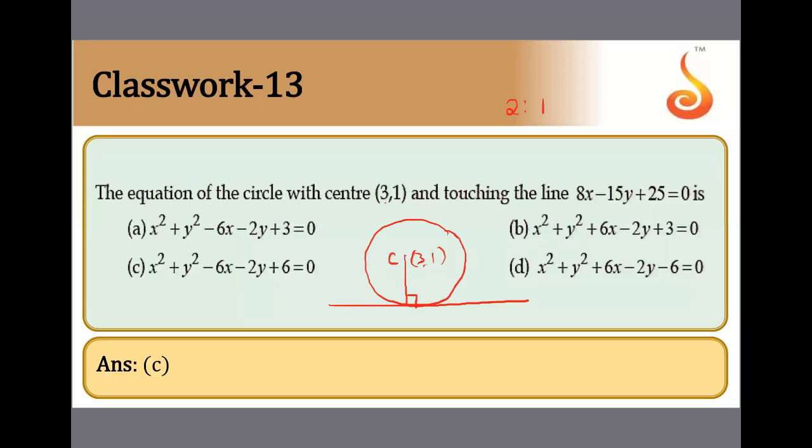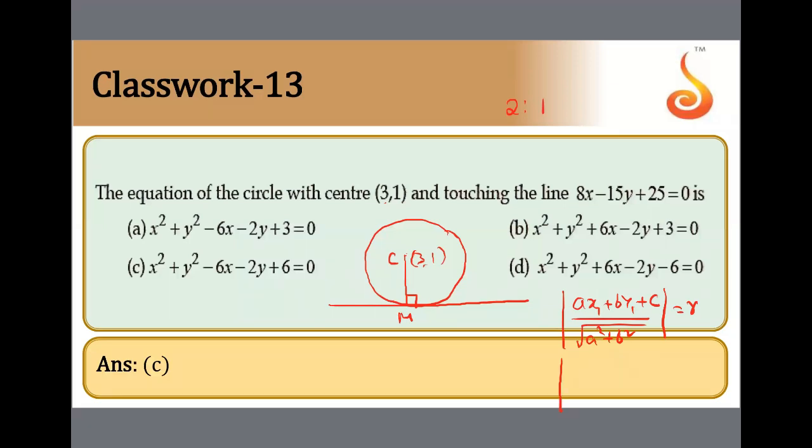So the distance between the center and the line will give you the radius. What is the formula for the foot of perpendicular distance? |ax1 plus by1 plus c| by root of a square plus b square is equal to the radius. Correct?